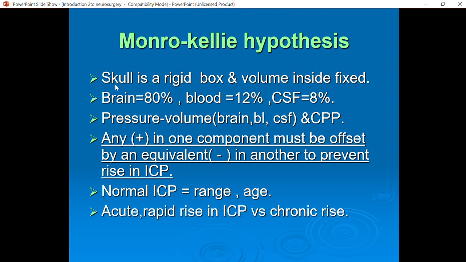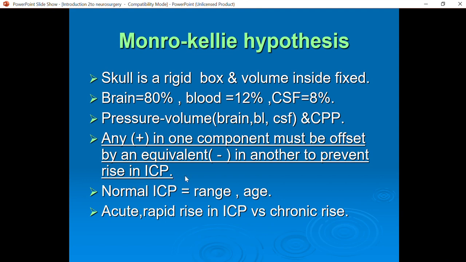Take an example: if the brain tissue is increased by, say, a brain tumor, then there must be a mechanism to decrease the ICP. The increase in the brain tissue is compensated by a decrease in the blood flow and a decrease in the CSF secretion, and so forth.